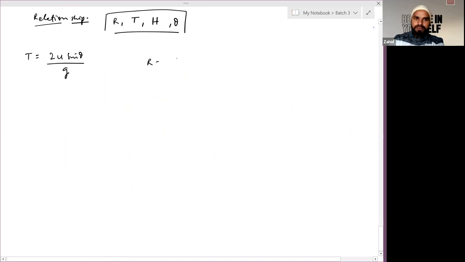Range is equal to u square sine 2 theta divided by gravity. And height is equal to u square sine square theta divided by 2g. So in range and height, we have u square, but in time, we have only u. So on dividing, we have to eliminate u square.